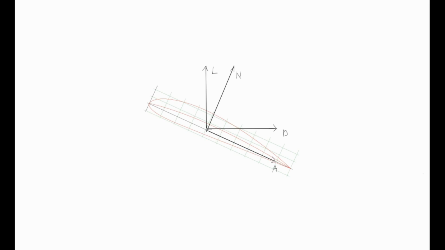The normal force acts perpendicular to the chord line, while the axial force acts along the chord line.